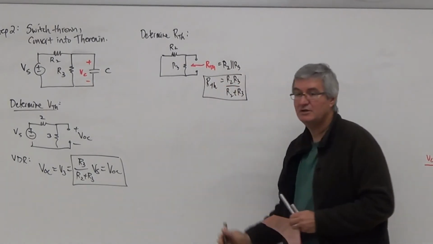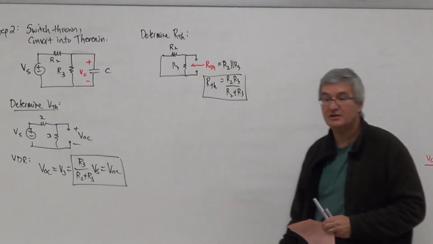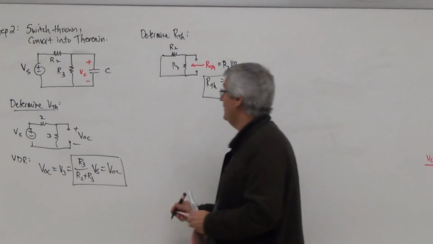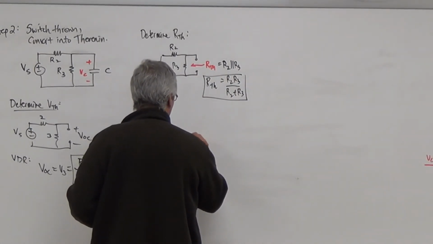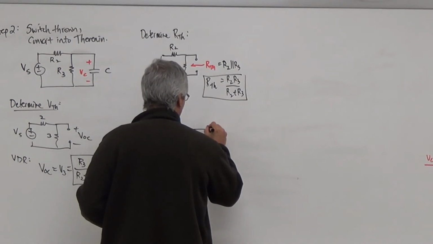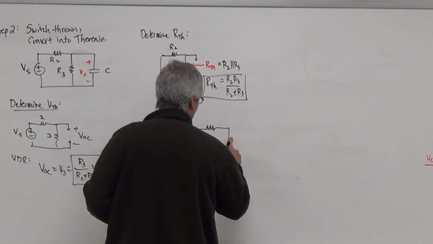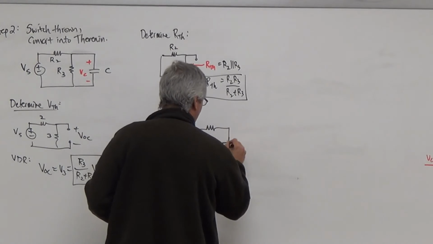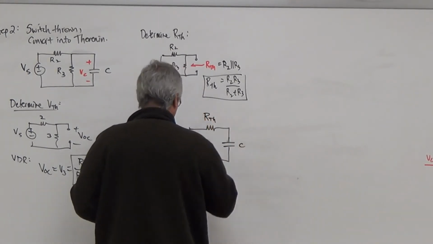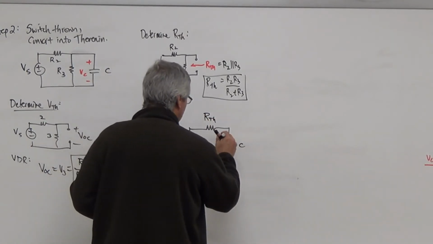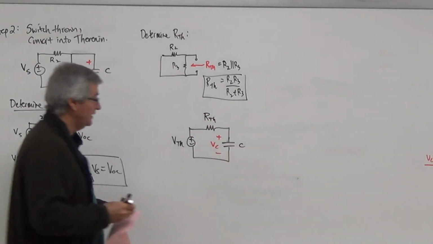I've computed RTH, I completed VOC. So then my circuit now looks like this. And I put my cap back into my circuit here. And my job now is to go solve this thing.